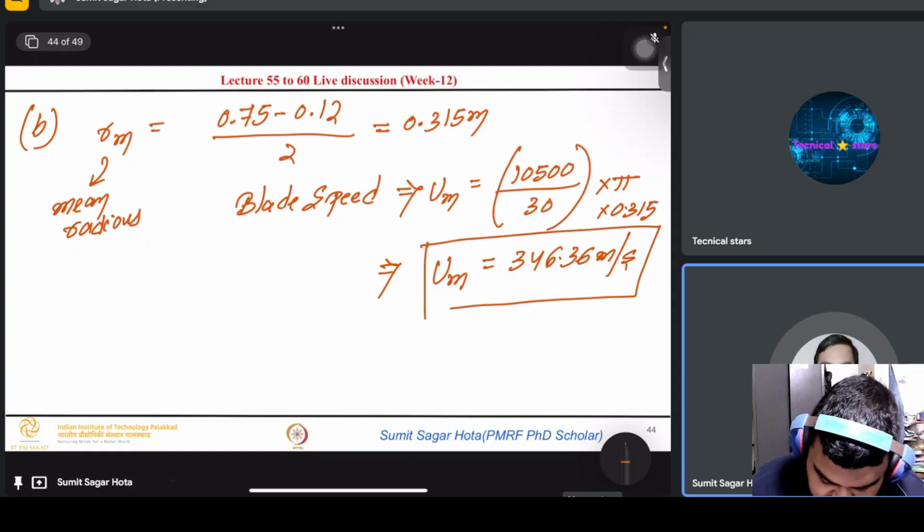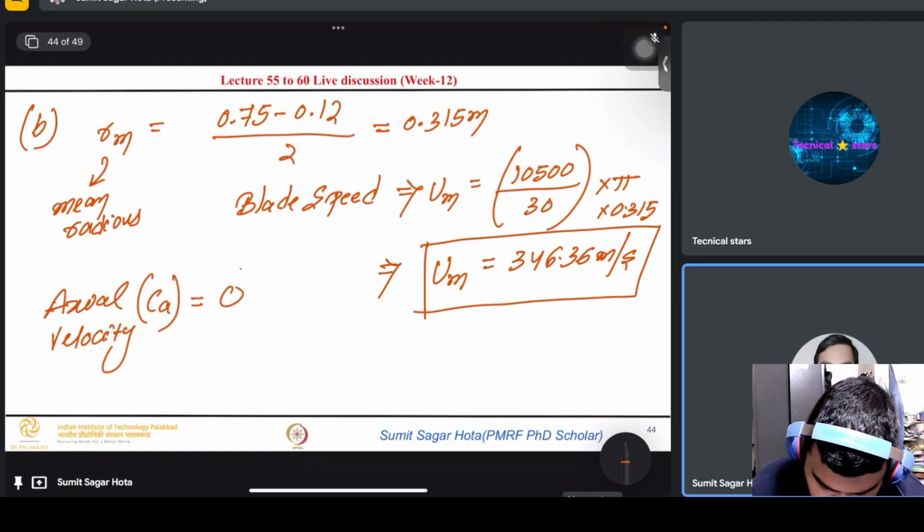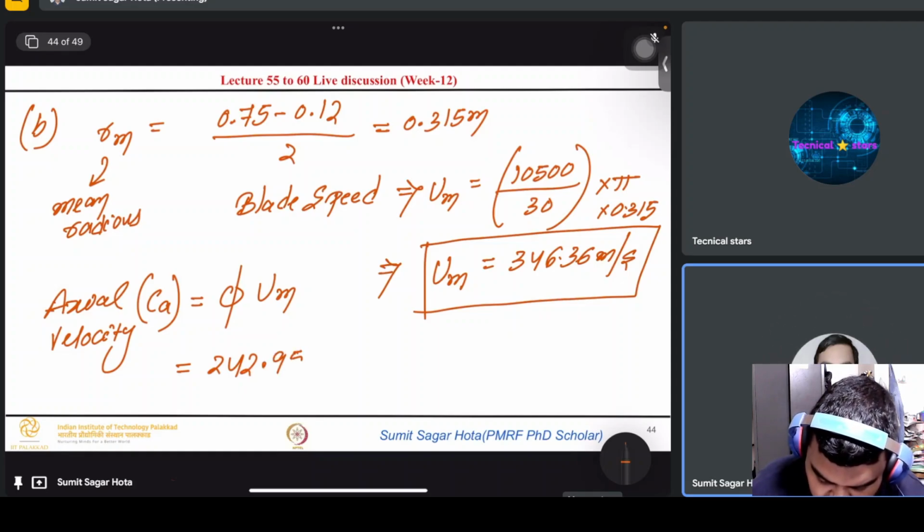The actual velocity is 5 into Um. So already we get 242.95 meter per second.